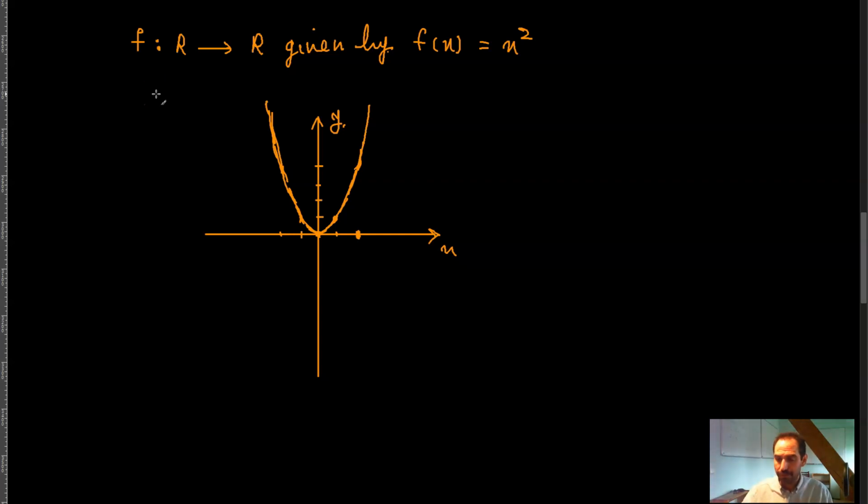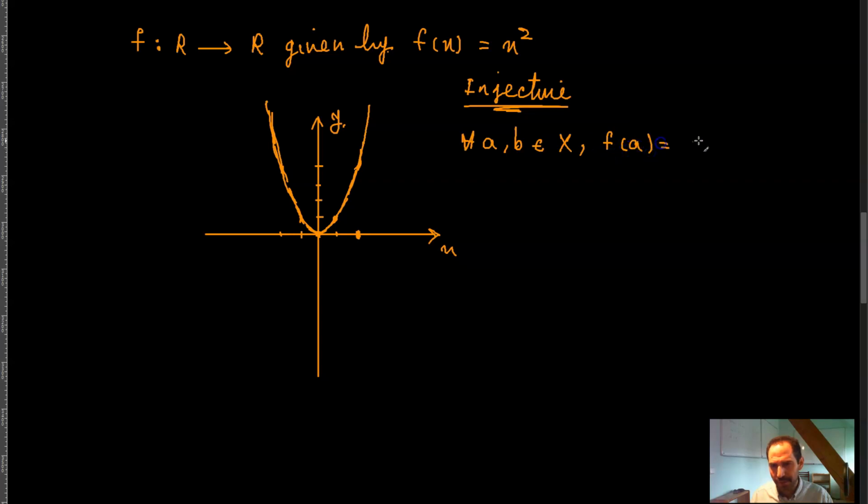Okay, so to solve this problem, first of all, for the part where we want to decide whether f is injective or 1-1, we said that for every a and b belonging to the domain, if f of a is equal to f of b, that should imply that a is equal to b, right?